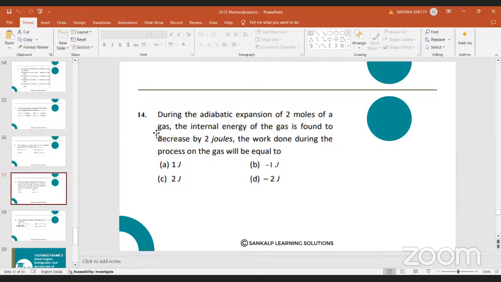During the adiabatic expansion of 2 moles of a gas, the internal energy of the gas is found to decrease by 2 joules. The work done during the process on the gas will be equal to: 1 joule, minus 1 joule, 2 joule, minus 2 joule.